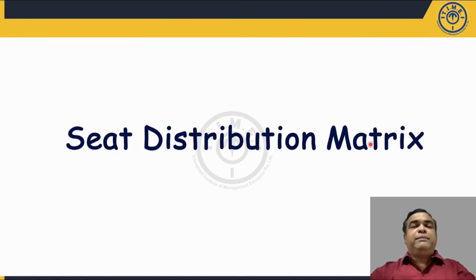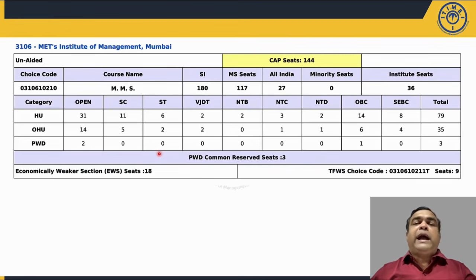By this time the seat distribution matrix is available on your CET Cell website. You can download that PDF file and you can see the distribution of seats across all the colleges in Maharashtra. Let me show you the distribution of a few colleges. For example, I am showing the data of MET Institute of Management, Mumbai.